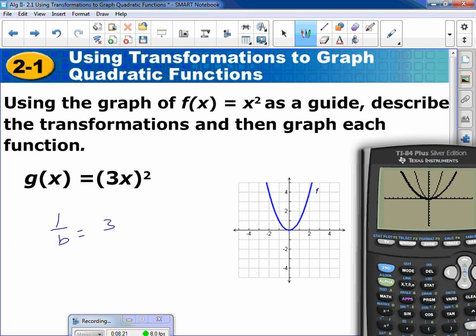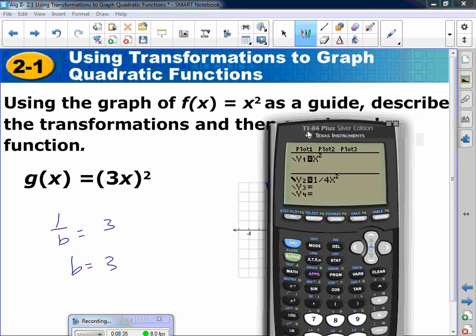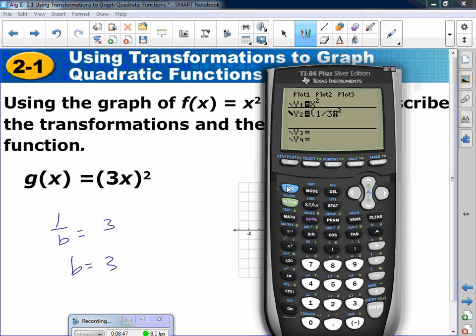We know that the factor is 1 over b. Take the reciprocal of both. The b is 3. So if I type it in the calculator, this one stretched it horizontally by a factor of 3.